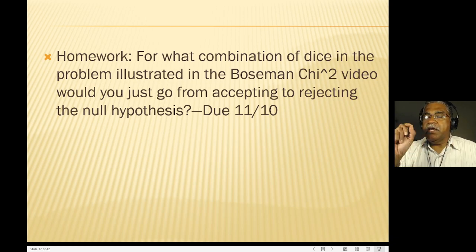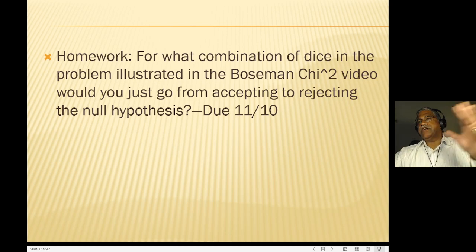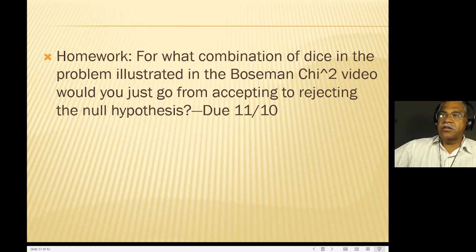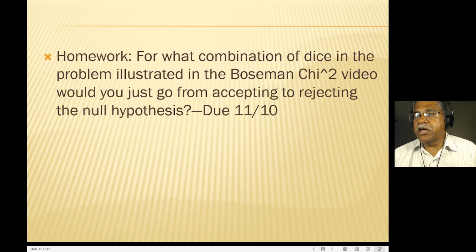Now, he went from determining the dice to 36 dice, and he tossed them and calculated. So what combination of dice will give you a chi-squared value? That's the one you have to calculate. The operative point is "just," very important, because you can calculate some combination that gives you an outlandishly huge number and say, there you go, I have now rejected the null hypothesis.